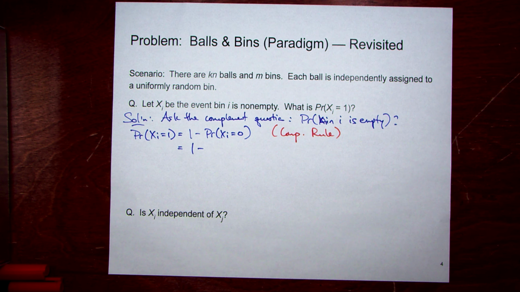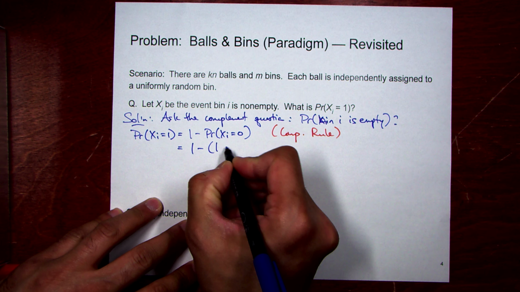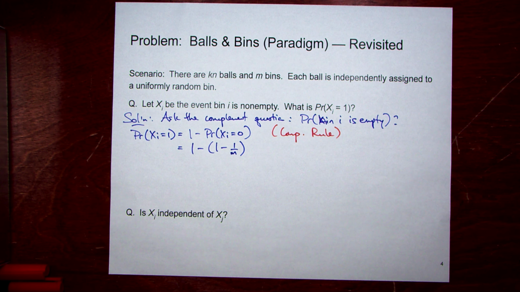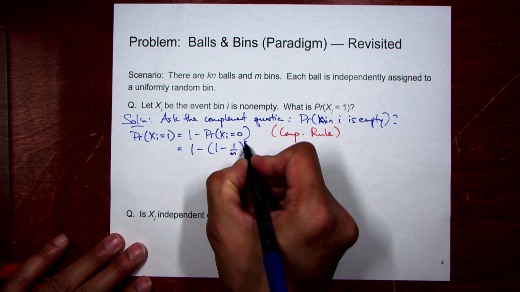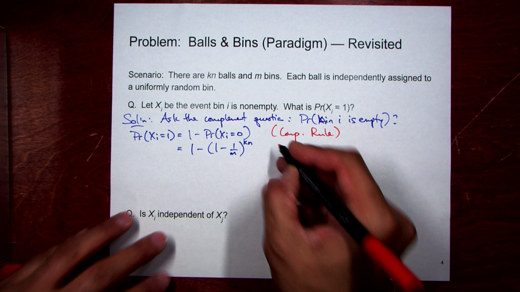The probability that a ball misses bin i is 1 minus 1 over m, because it's 1 over m that it hits that bin, and 1 minus 1 over m that it misses. Each ball is subject to that, and the independence applies, so it's just going to multiply kn times, because that's how many balls there are. So we raise that to the kn, by independence essentially.